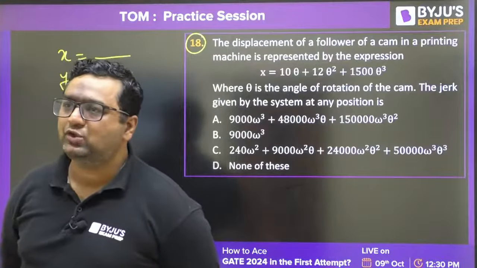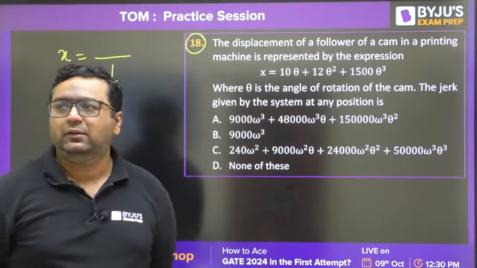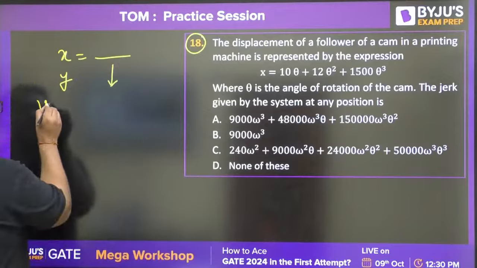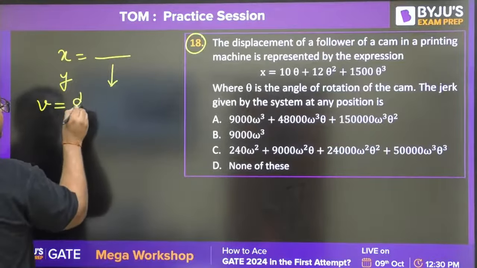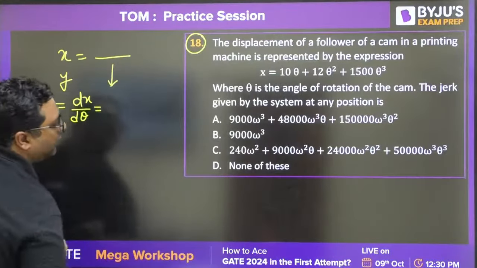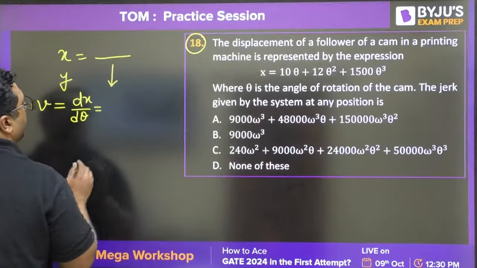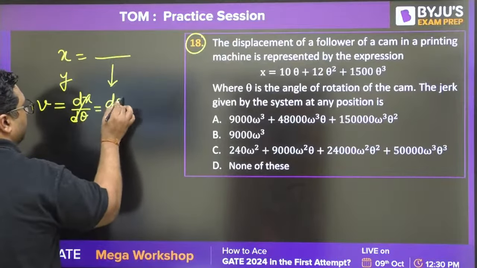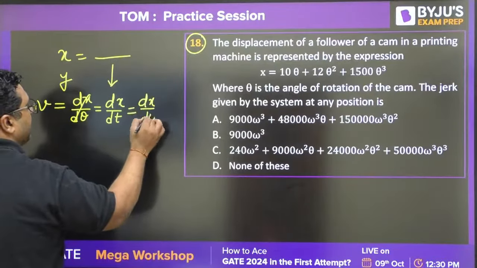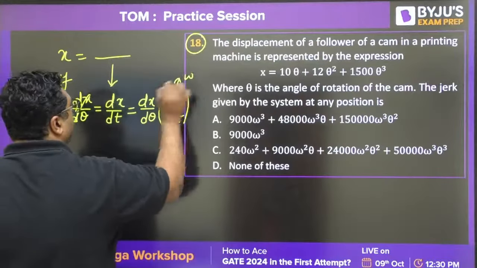Mechanical Warrior is saying the answer to be B. Kiran is saying B. Pudina Yadav, B. So guys, let us see the velocity. For that you will differentiate it once. You know that it will be dx by dt, which can be written as dx by d theta into d theta by dt. D theta by dt is nothing but omega.